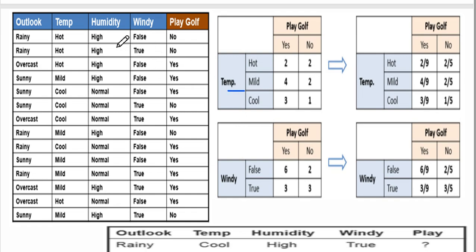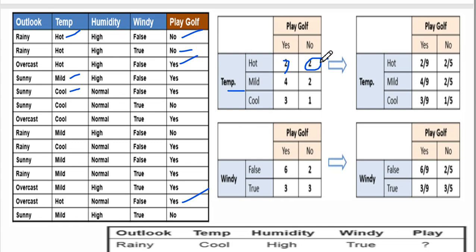Again temperature contains three values, hot, mild and cool. Similarly, temperature equal to hot with yes records are 2. Let's see, hot yes 1, hot yes 2, likewise 2. Again temperature equal to hot with no, hot no 1, hot no 2, that's why 2.